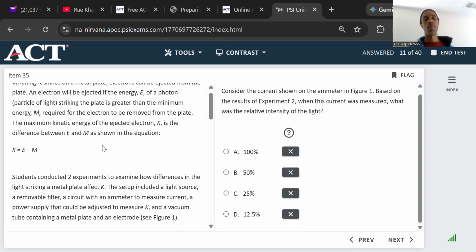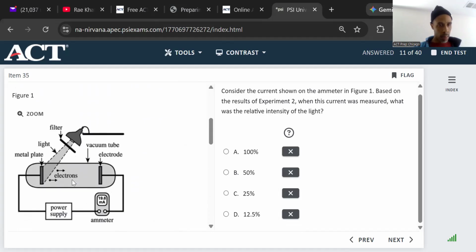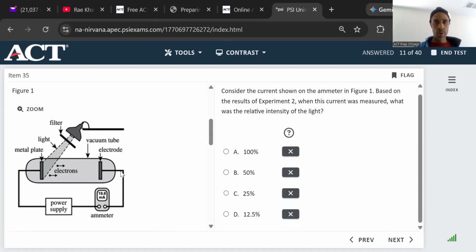Oh boy, okay, this is going to be a tough one. So with these, you don't get stuck. Let's see. Consider the current shown on the ammeter in figure 1. Based on the results of experiment 2, when this current was measured, so when you measured the current for experiment 1, what was the relative intensity of light?